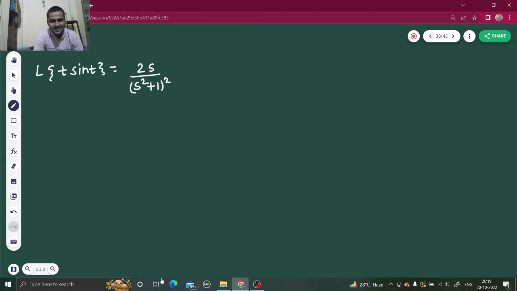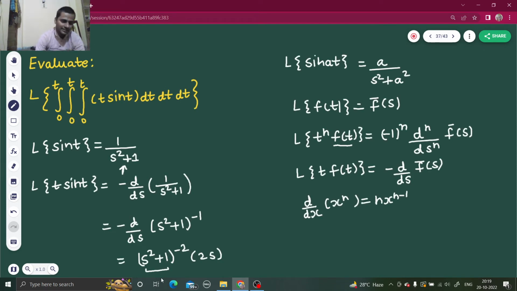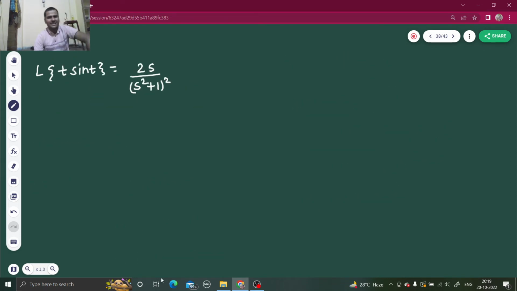Now comes the real work. You have to integrate 3 times. Integration is very easy when it comes to Laplace transform. If you are finding the integral from 0 to t of f of t and then taking the Laplace transform, it's easy, because the Laplace transform of f of t, as I told you, is f bar s. Just divide that by s.